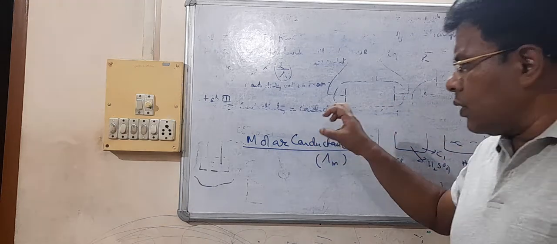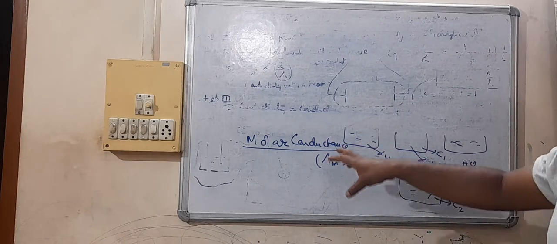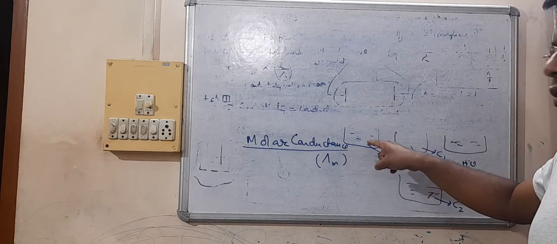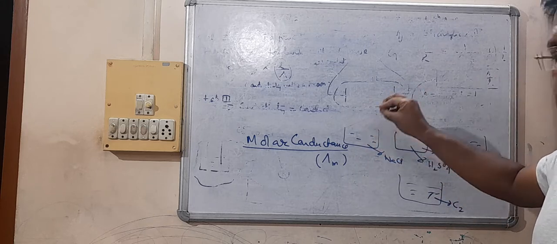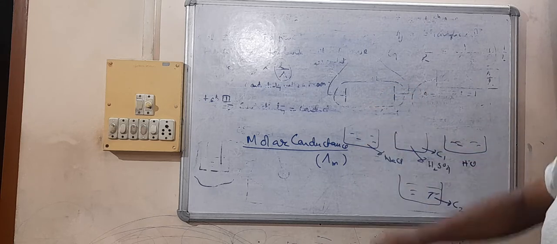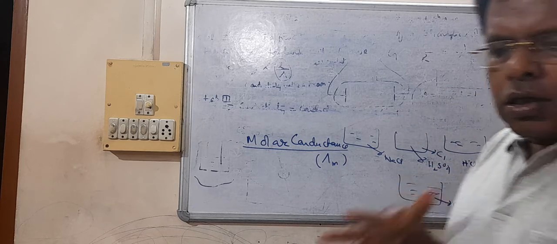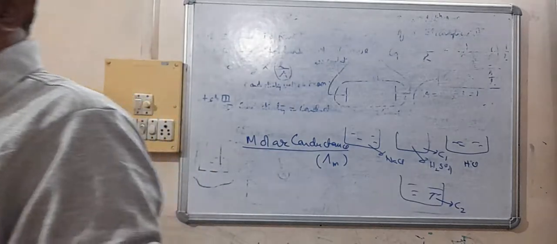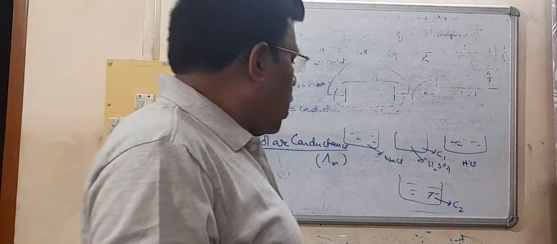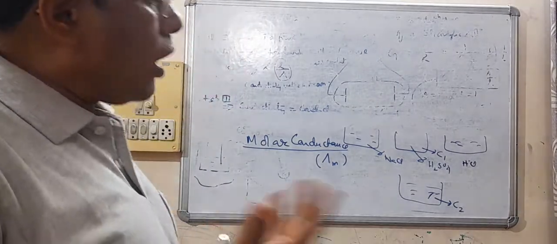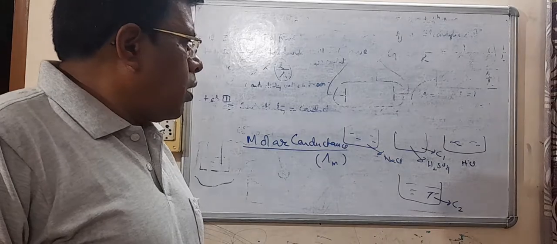What is the definition of molar conductance? It is basically the conductance of a solution containing 1 mole of dissolved electrolyte. The solution should have 1 mole of dissolved electrolyte, then the conductance of that is called molar conductance.